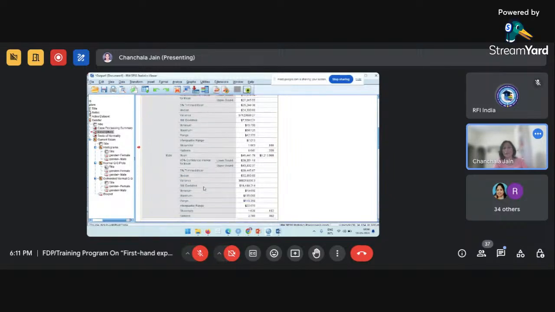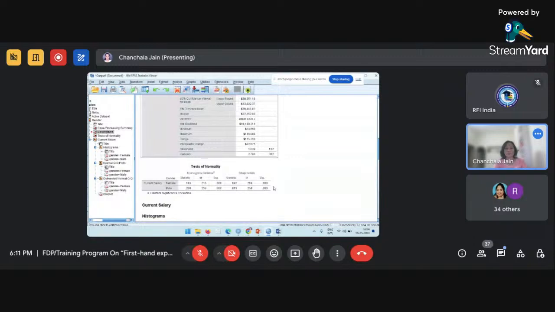Going down, for male, you can see skewness is in the range -2 to +2, and kurtosis is also in the range, right? But going down, looking at the test of normality, if I talk about the Shapiro-Wilk test, its significance value is 0.000 and 0.000 in both the cases, for male and female.